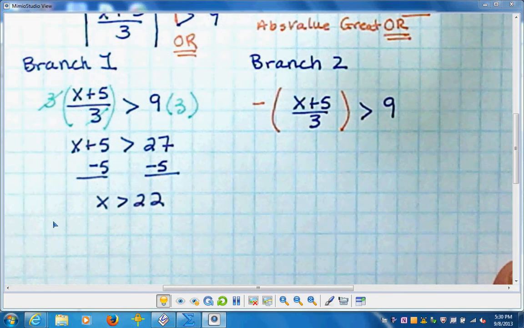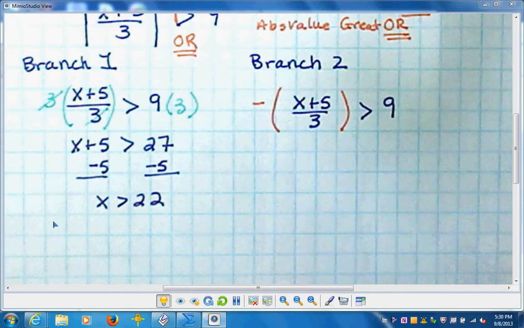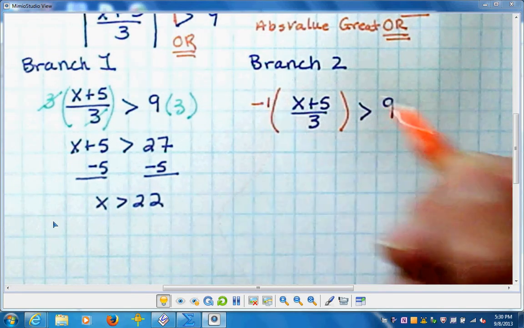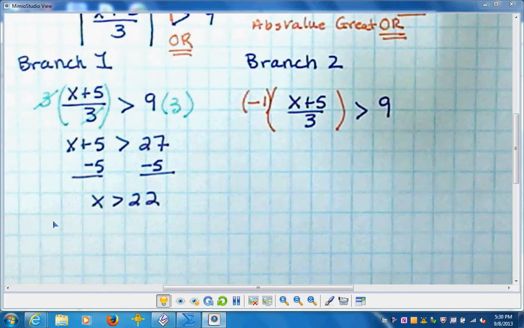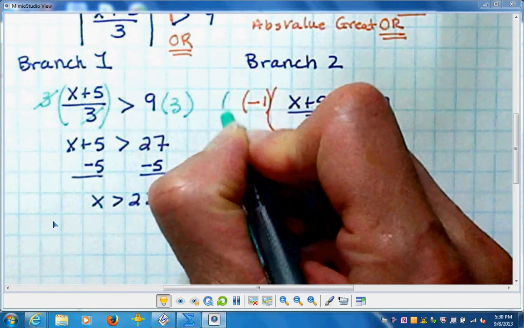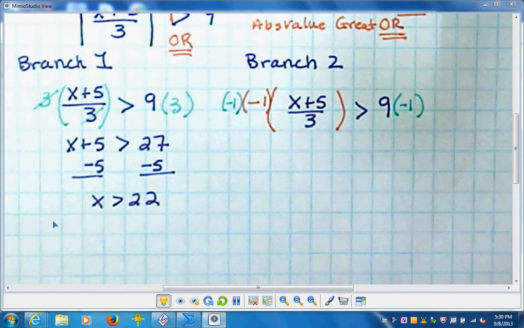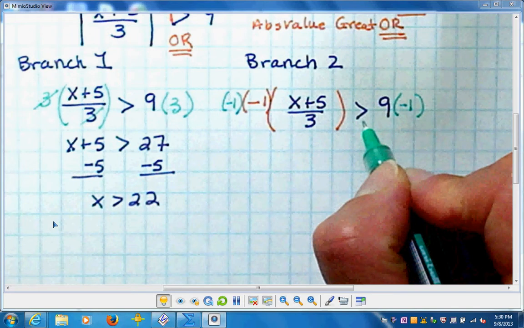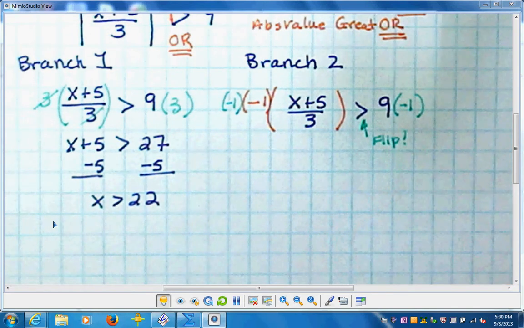So then I'm going to look over on this side. I do not want to distribute that negative into that mess. I might make a mistake. So it's much easier for me to multiply that negative 1 out of there. So remember, that's negative 1 that was in front. That's what the negative sign means. So I'm going to multiply negative 1 to both sides of the inequality, and I have to remember to flip that inequality because I'm multiplying through by negative 1.